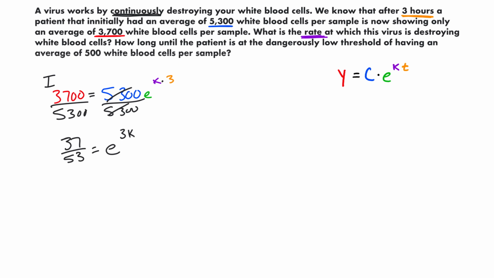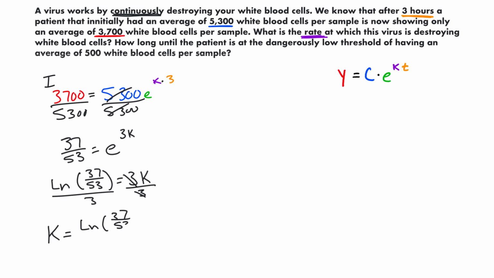Right now it's in exponential form, so I've got to convert it to logarithmic form. This is the natural log, because the base would be e, of 37/53 is equal to 3k. Divide both sides by 3, and we will get k equals the natural log of 37/53, all divided by 3. Whatever that is as a percentage, that is going to be the hourly rate of decay. I don't have a calculator, so I'm just going to leave it as is.